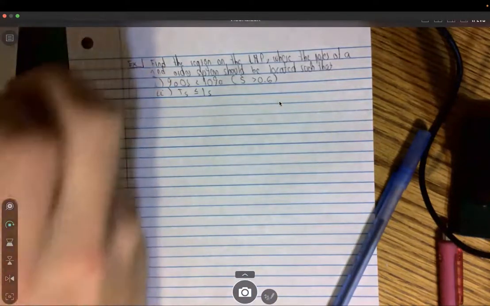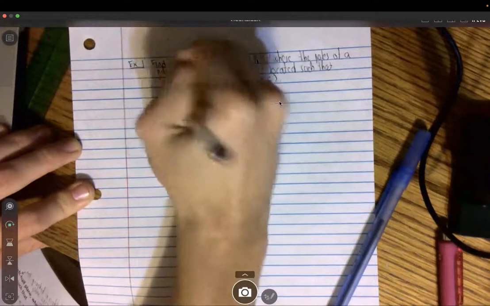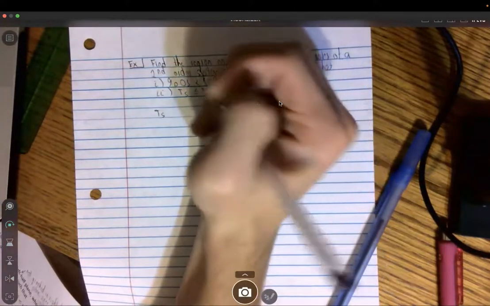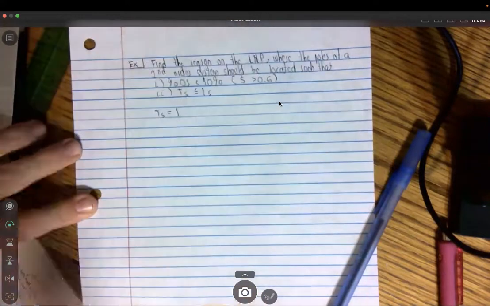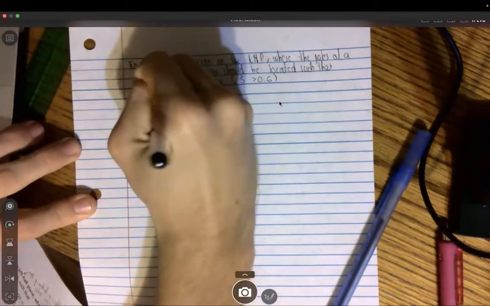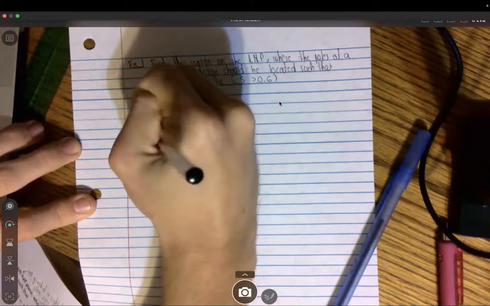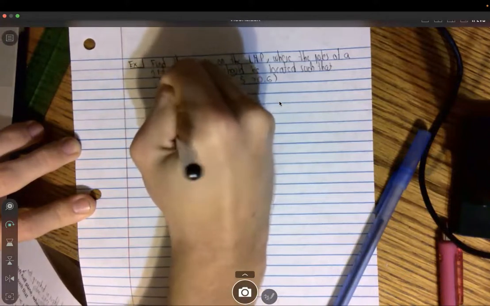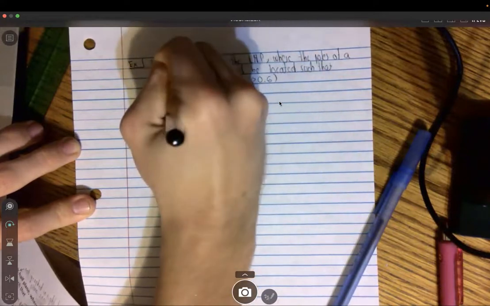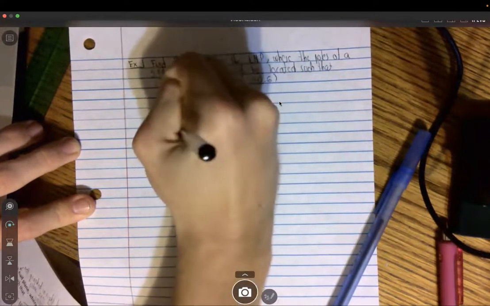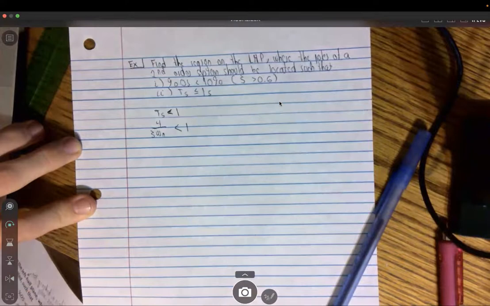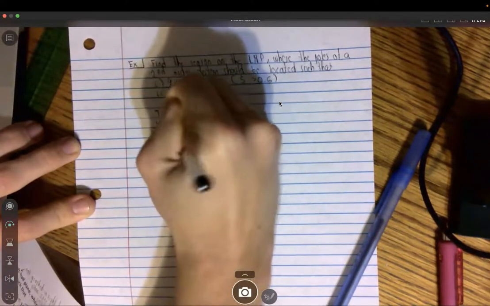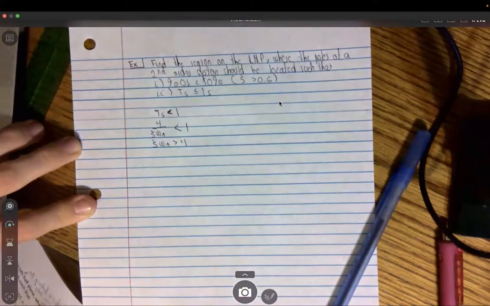Since we know the settling time has to be less than or equal to 1 second, we can set it equal to 1 second here. But remember, your settling time is going to be 4 divided by zeta omega n, which is less than 1. And so we know zeta omega n must be greater than 4 when you solve for it.